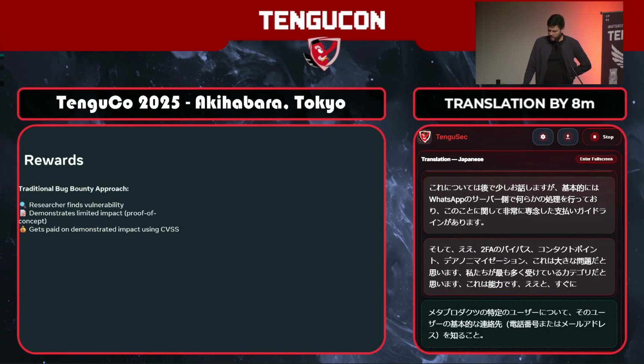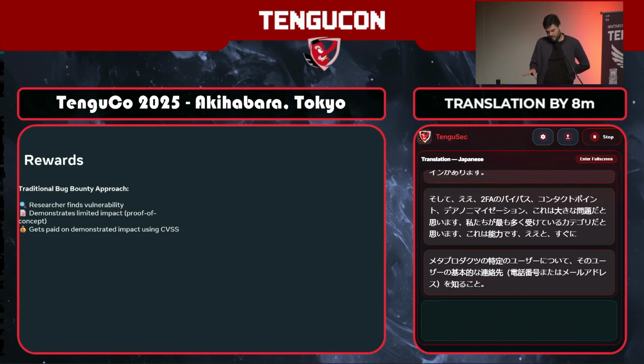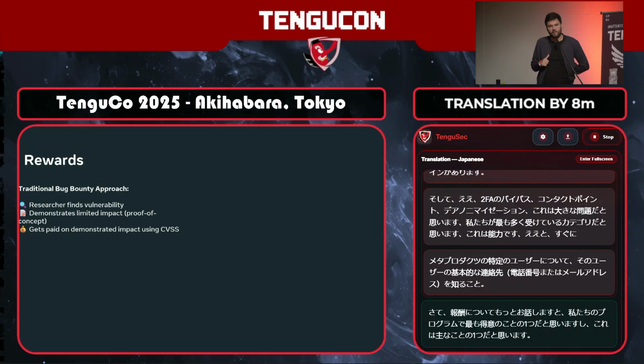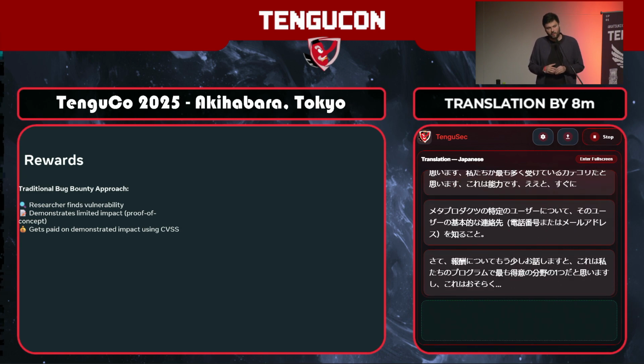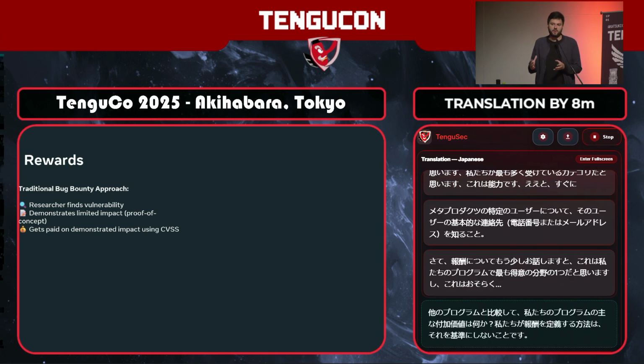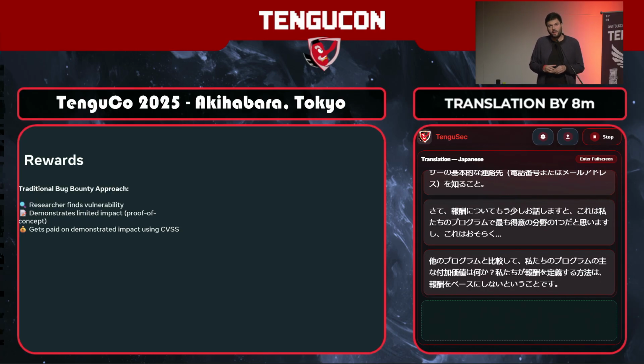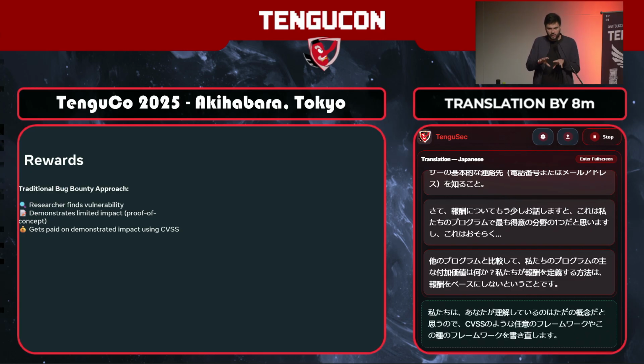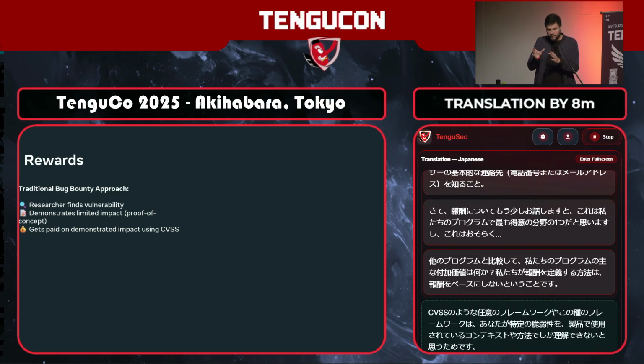Now, more about the rewards. I think this is one of the things we do best in our program, and I think it's one of the main added values of our program in comparison to other programs. The way we define rewards is that we don't base our rewards on arbitrary frameworks like CVSS or this kind of frameworks, because we think that you only understand a given vulnerability in its context, in the way it is used in the product, for a very specific impact.